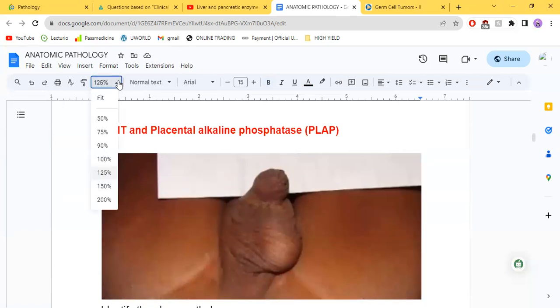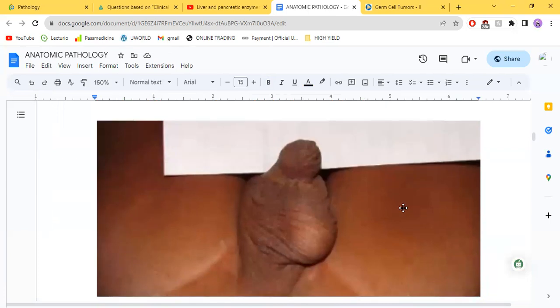Now, let's identify this pathology. What do we think this could be? Let's put our responses in the chat. Someone says testicular torsion. Why do you think it could be testicular torsion?